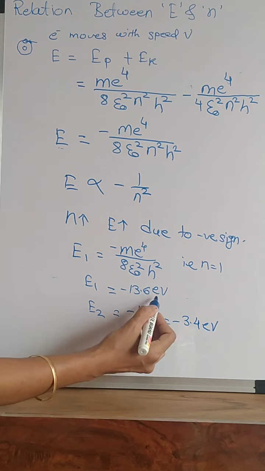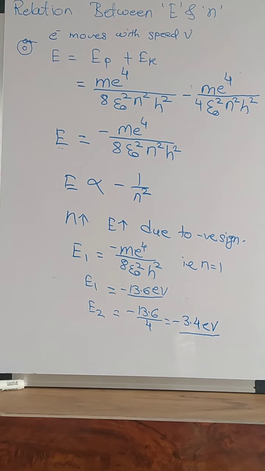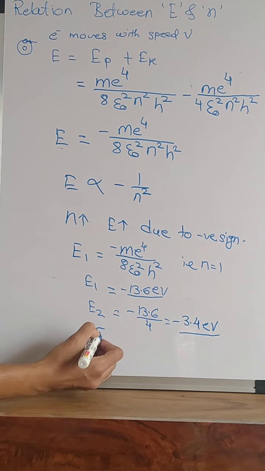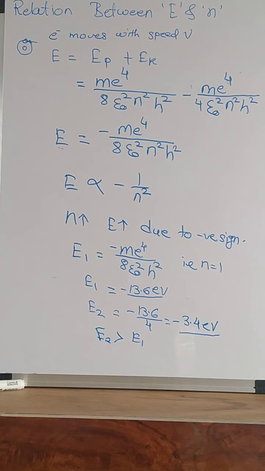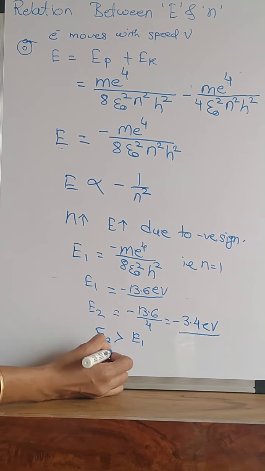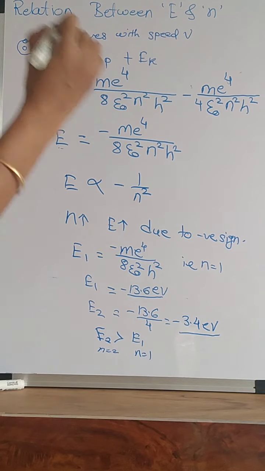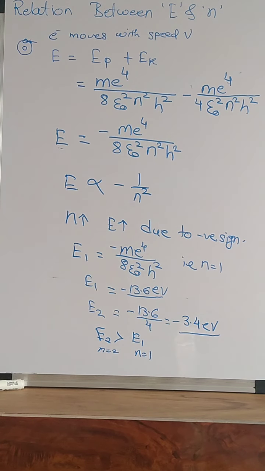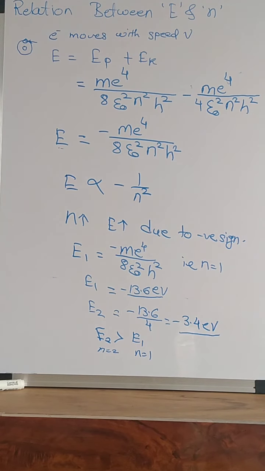If we compare these two values, minus 13.6 and minus 3.4, which is greater? E2 is greater than E1, right? So when n is 2, my E2 value is more than when n is 1. So from this we can say that when n increases, E also increases.